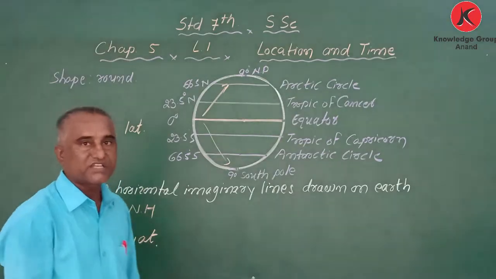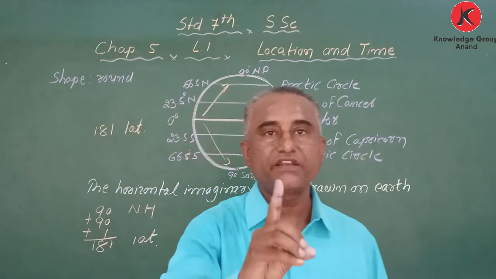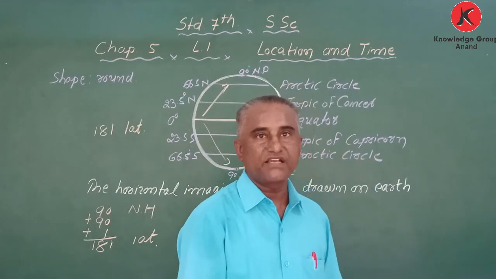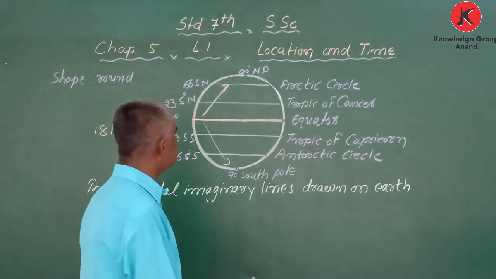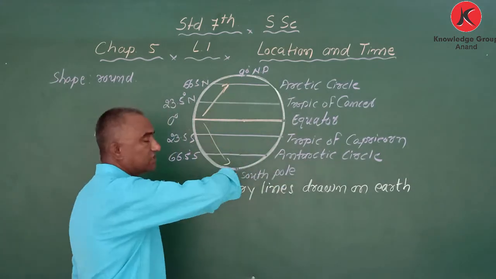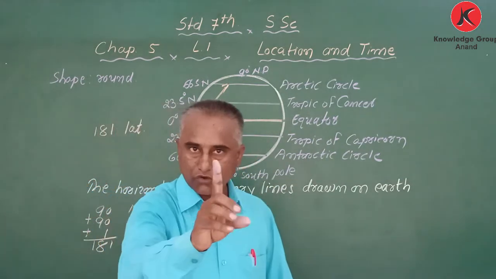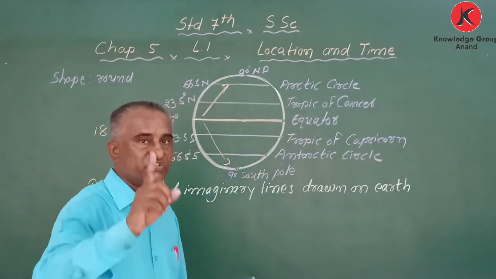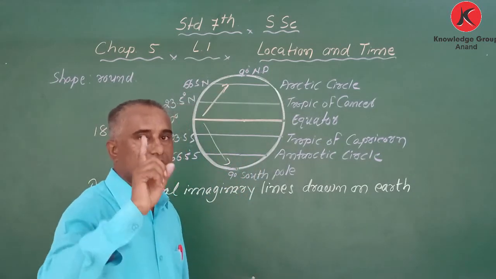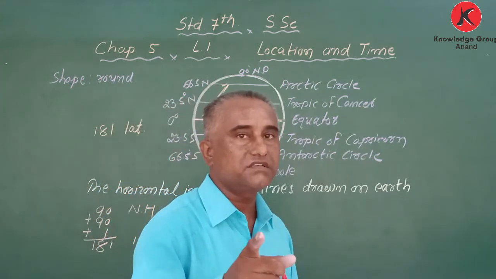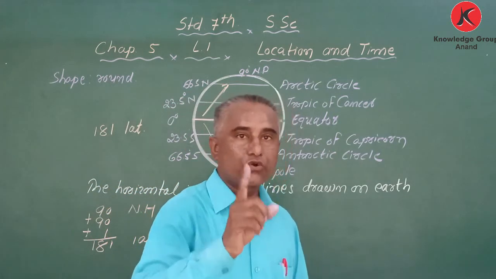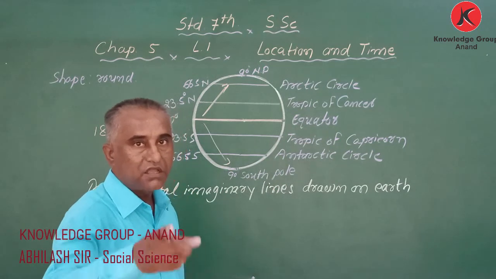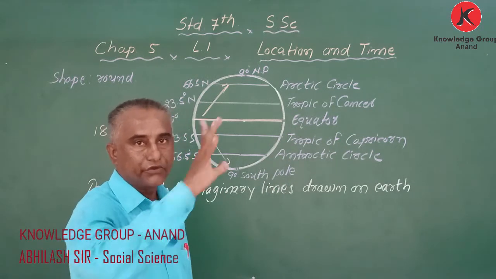How many latitudes are there? 181. Shall I revise once again? Remember, the shape of the earth is round. Second thing, the horizontal imaginary lines drawn on earth are called latitudes.